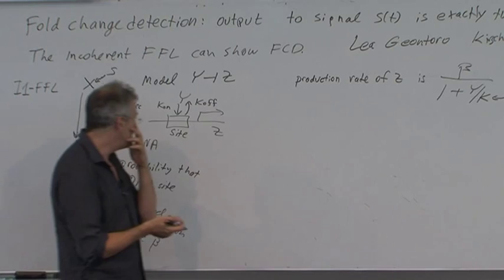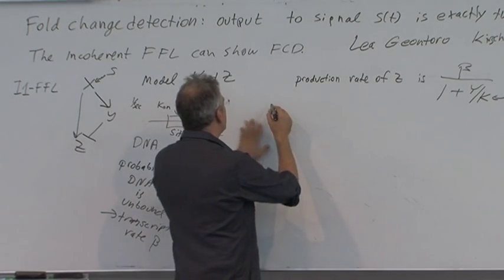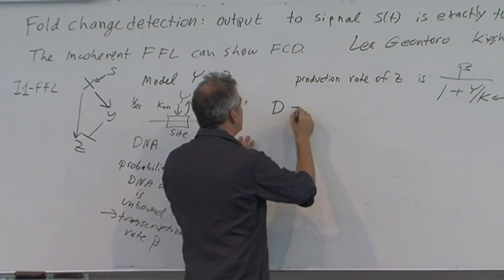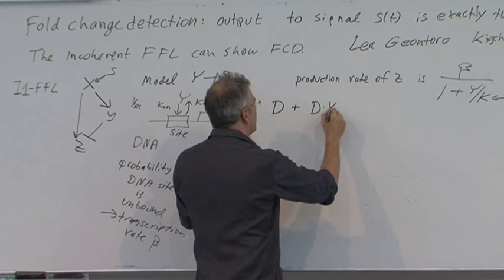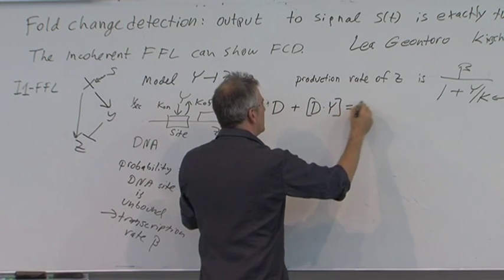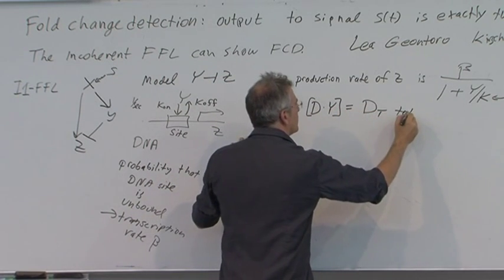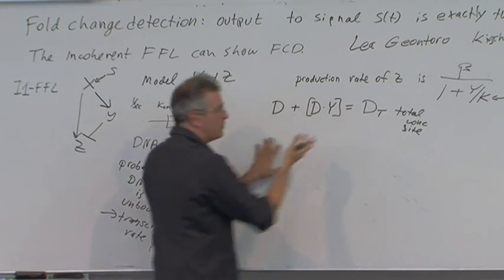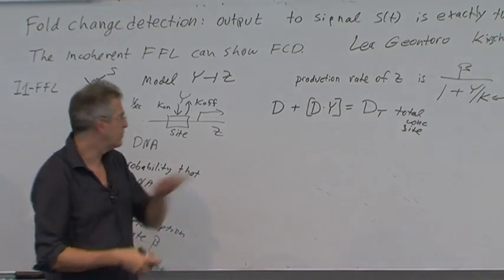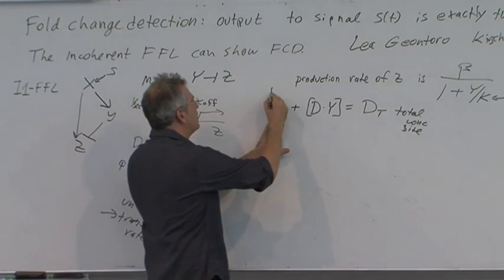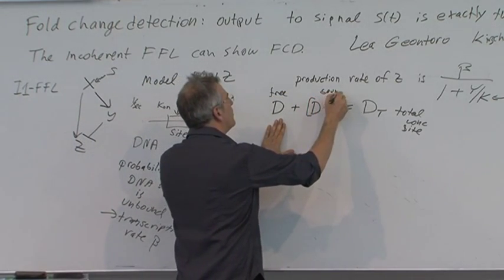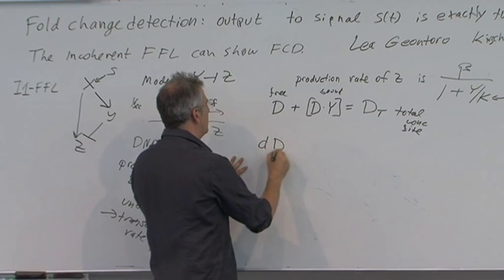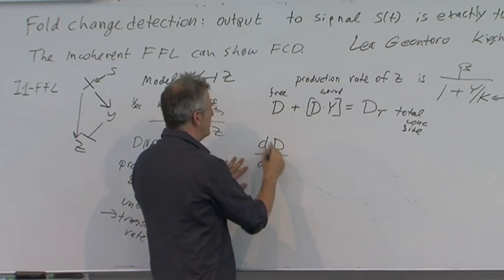The way to do that is to notice that we have the DNA, and the DNA bound to y. This is the total concentration of the site in the cell. Maybe 1 copy per cell, doesn't matter. So this DNA can either be free or bound.